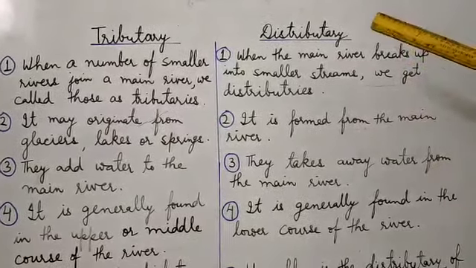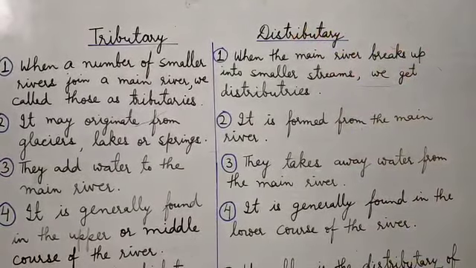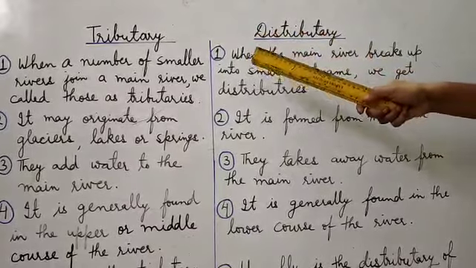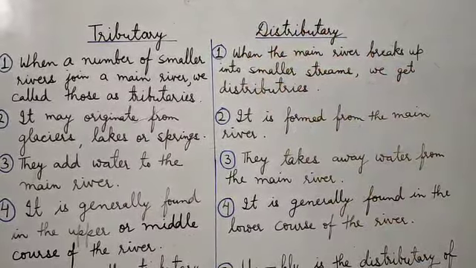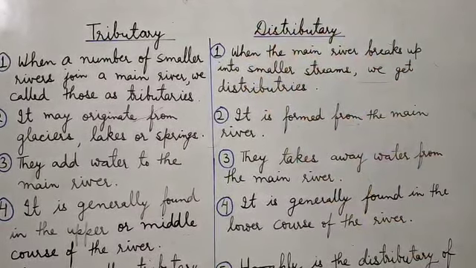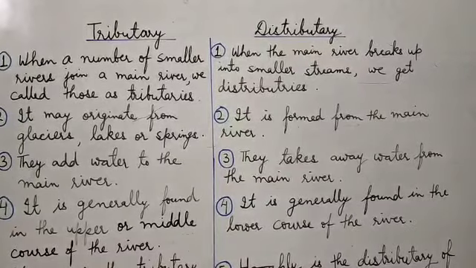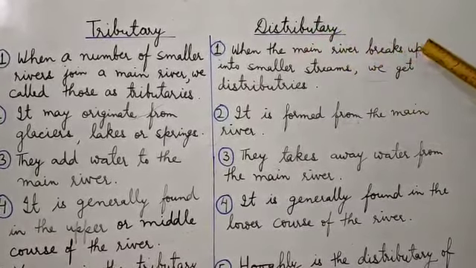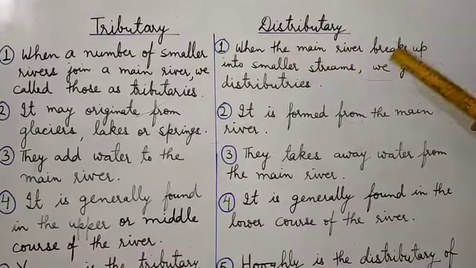So these are the differences, as you can see, between tributaries and distributaries. When a number of smaller rivers join a main river, we call those tributaries. They are the helping rivers which join the main river. Whereas when the main river breaks up into smaller streams, we get distributaries.